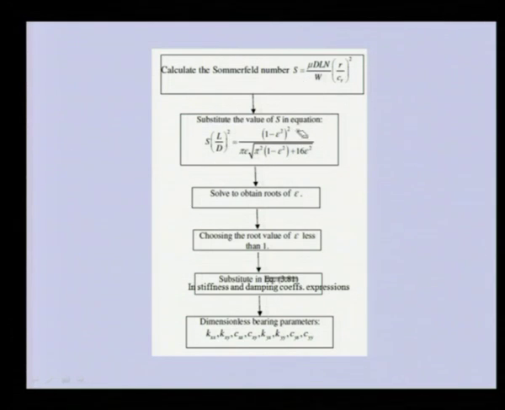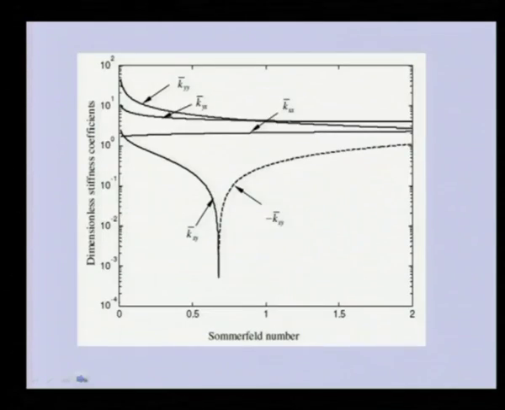Basically, this is the same procedure I described, of getting the bearing properties using the Sommerfeld number and the expressions given previously. These are the plots of the stiffness variation against the Sommerfeld number. For various Sommerfeld numbers, we have summarized the dimensionless stiffness coefficients.